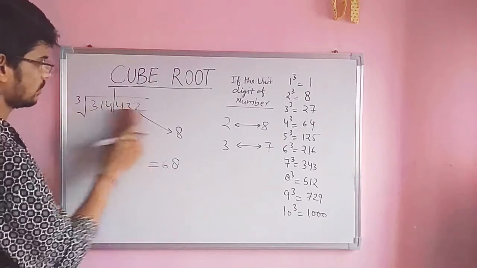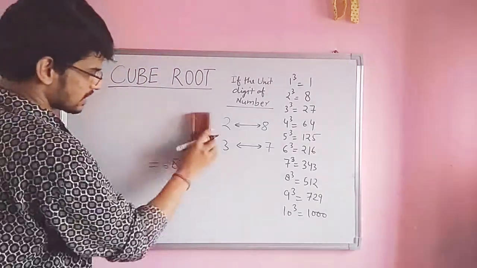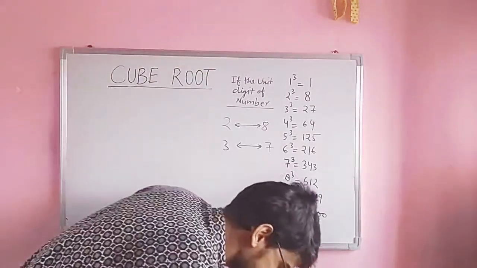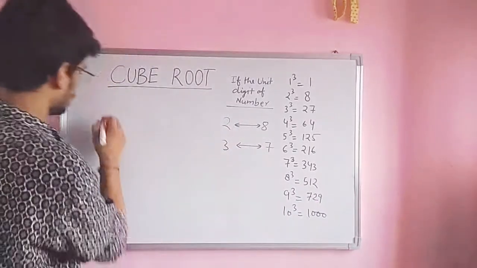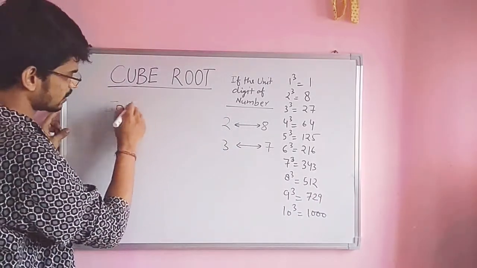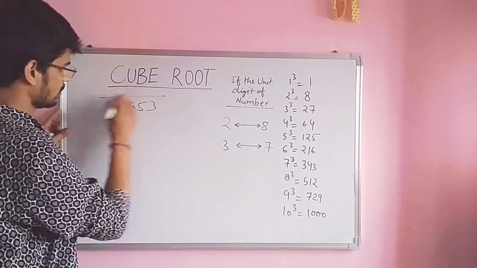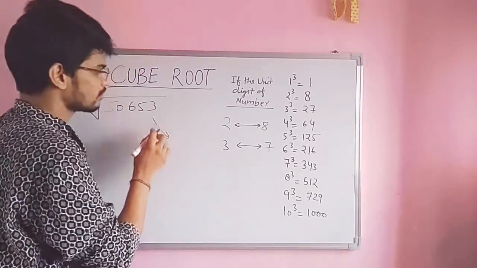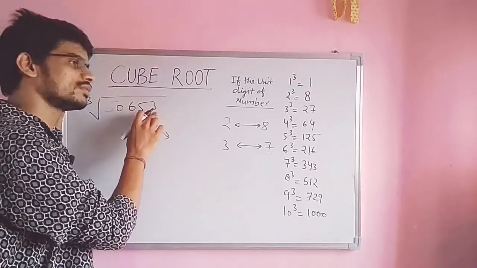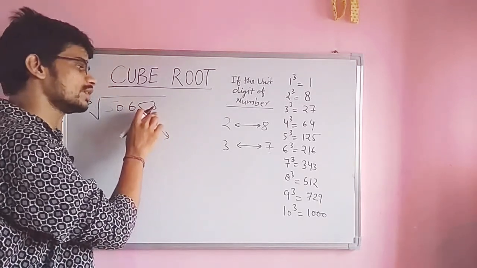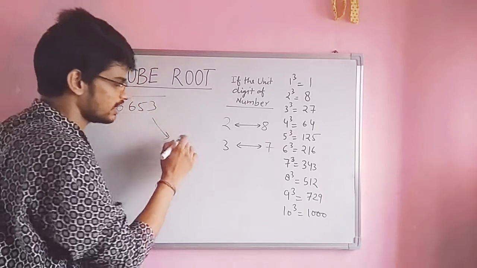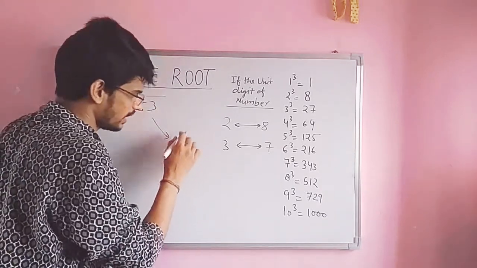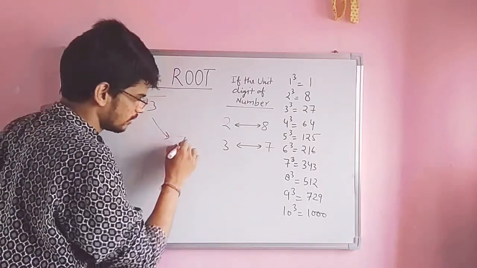Now we take the last example of this one: 50653. We want to calculate the cube root. If the cube's unit digit is 3, then its cube root ends on 7.